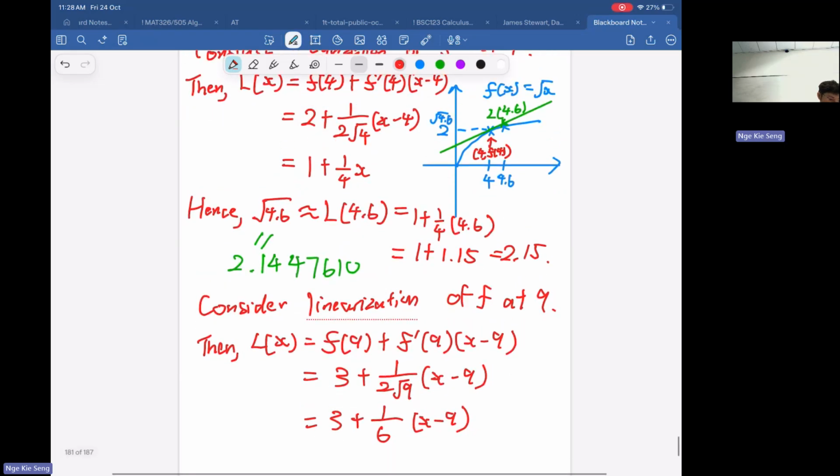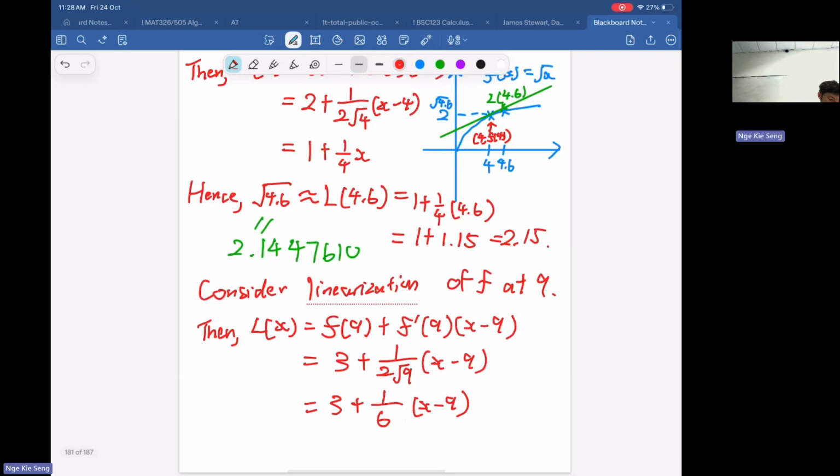Let's keep it like that first. We can do computation here. If we do square root 4.6, which is L of 4.6, then 3 plus 1 over 6 of 4.6 minus 9 is what? Can someone quickly compute this?